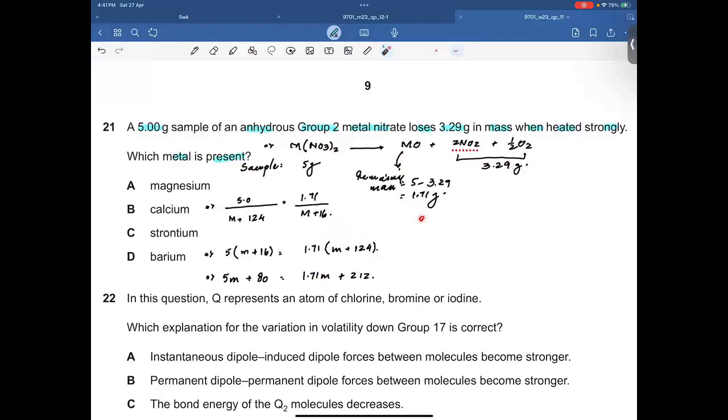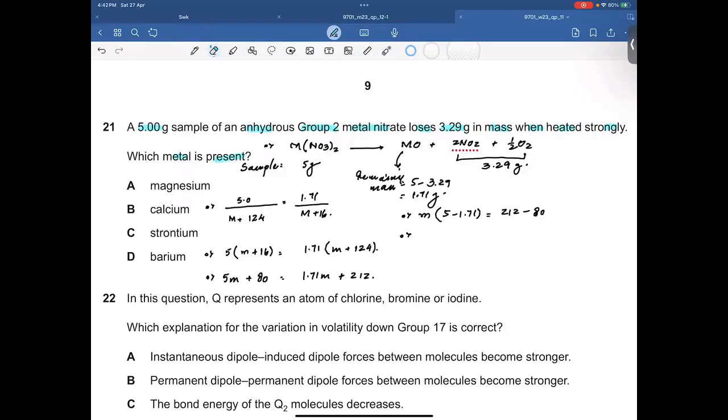Let me arrange the M values. Take M as common, then 5 minus 1.71 equals 212 minus 80. 212 minus 80 is going to be 132.